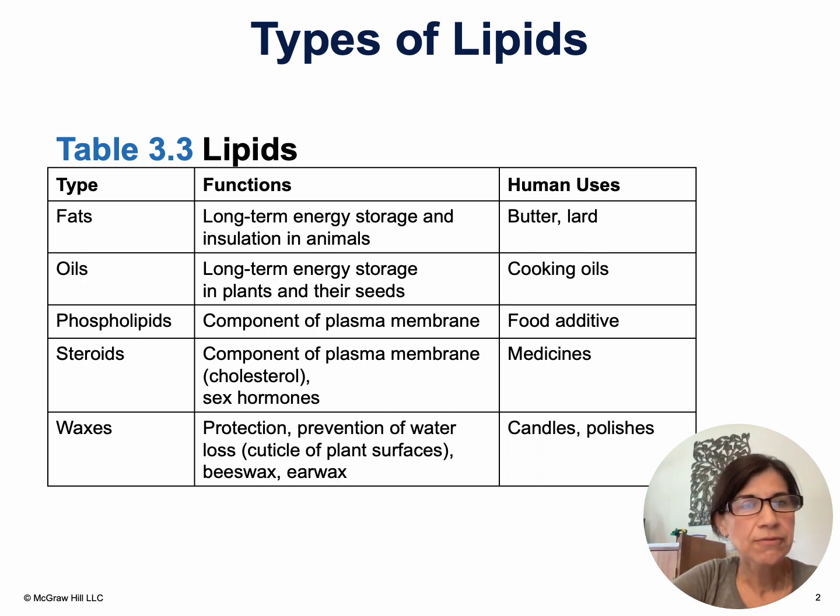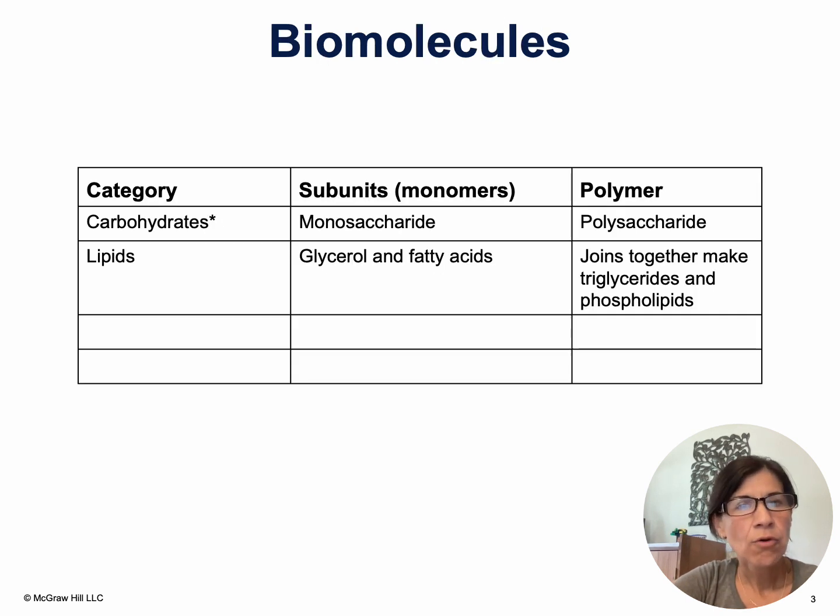Again, here are some different types of lipids that I just talked about. We will be covering fats and oils and phospholipids. We won't be covering steroids and waxes, but those are other types. Going back to this table that I brought up when I talked about carbohydrates, recall carbohydrates is the category of biomolecule. The monomer is a monosaccharide. The polymer is a polysaccharide.